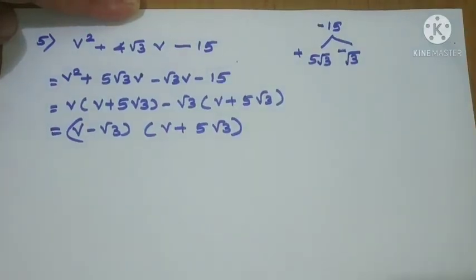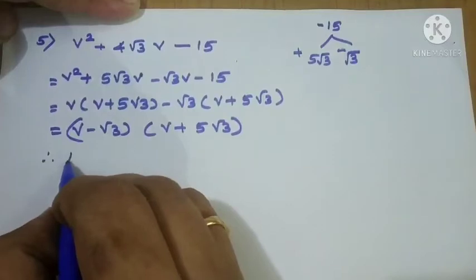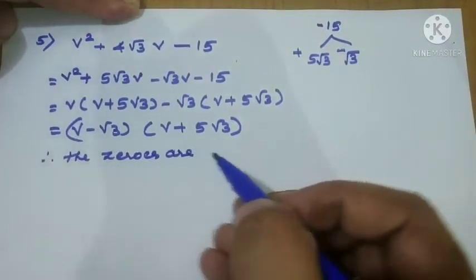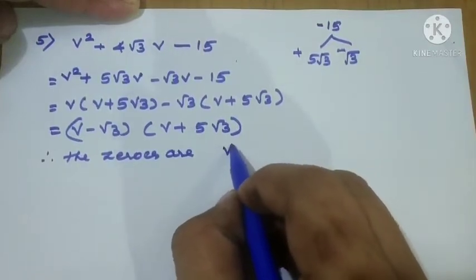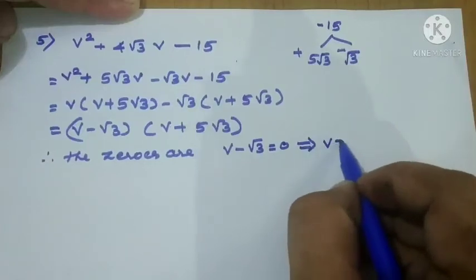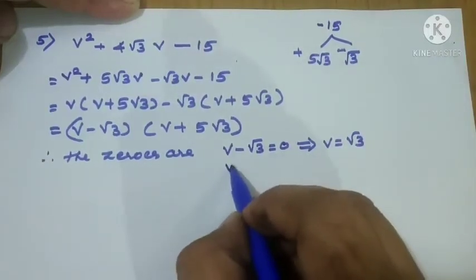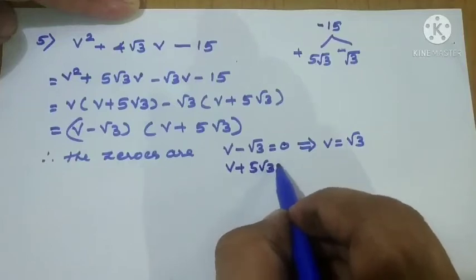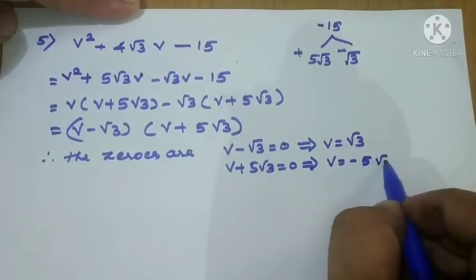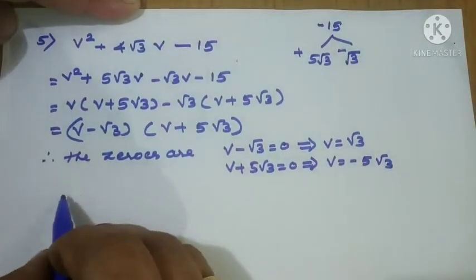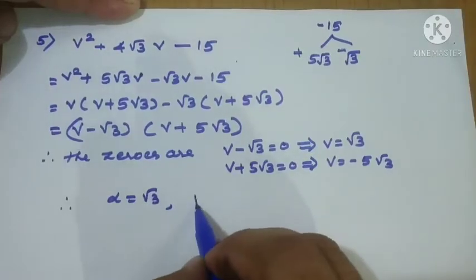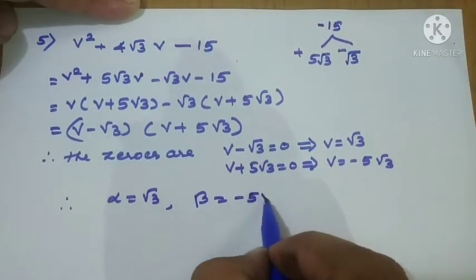So for finding the zeros, therefore the zeros are: v minus root 3 equal to 0 implies v equal to root 3, and v plus 5 root 3 equal to 0 implies v equal to minus 5 root 3. Therefore alpha equal to root 3 and beta equal to minus 5 root 3.